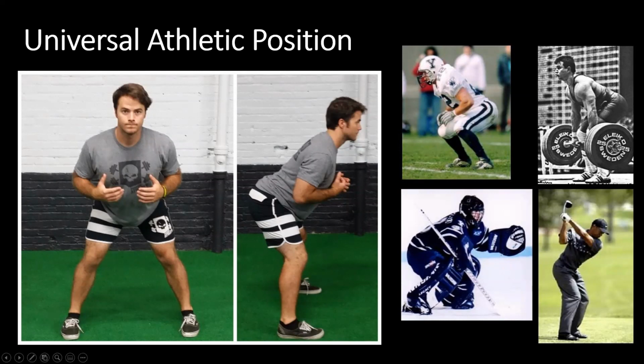The toes are pointed forward. The knees are over the feet, not too far forward, not too far back, and we're really loading the posterior chain. If this is done correctly, we are truly loading the posterior chain, so the hamstrings, the glutes, the erectors, the calves, all of those posterior musculature in order to absorb force and then produce force.